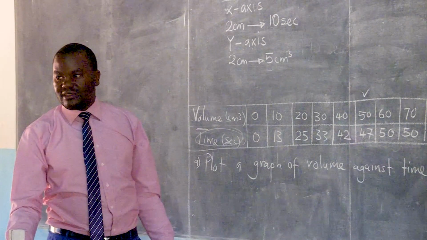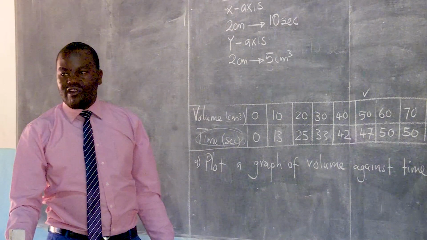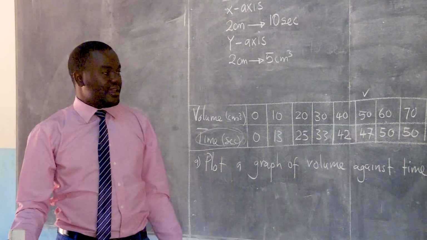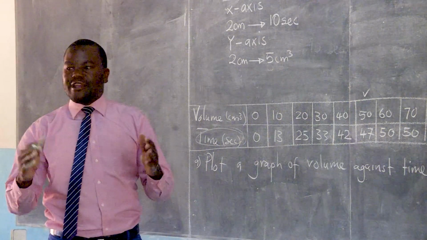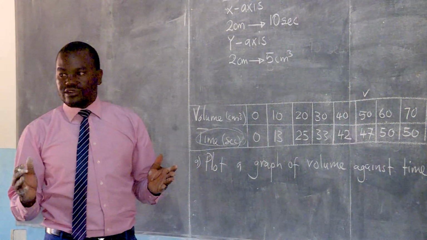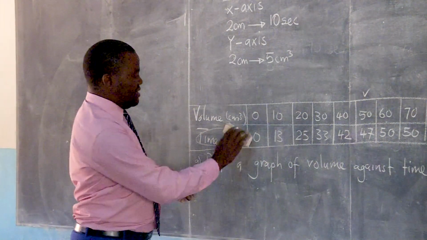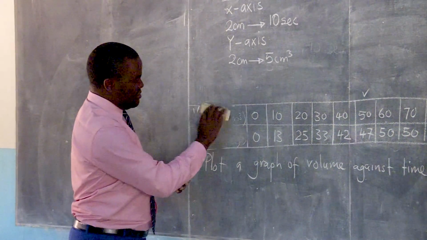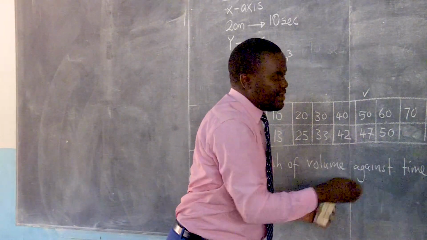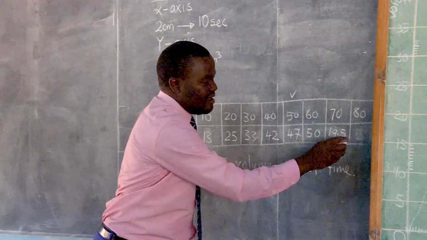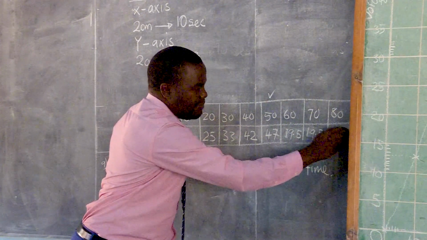Yes, George. So, sir, what about coordinates that are decimal numbers? If the coordinates are decimal numbers, you can manipulate the graph. That's what we call manipulating the graph. So how do we manipulate the graph? Okay. For example, along the volume, maybe the biggest value that we are given is 19.5.